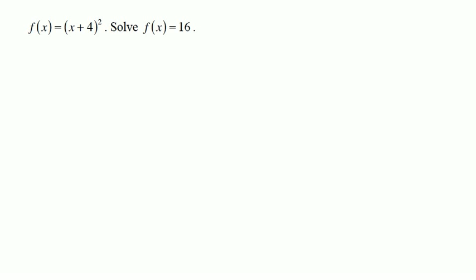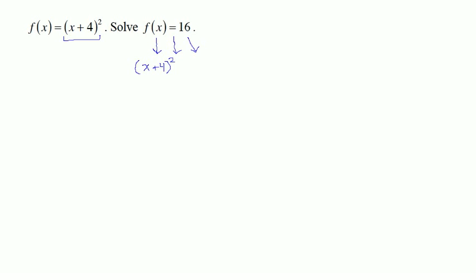In this example, the function f of x is defined by the formula x plus 4 squared, so we can substitute that expression into our equation to turn it into an algebraic equation which we can actually solve. In place of f of x, I will write x plus 4 quantity squared.